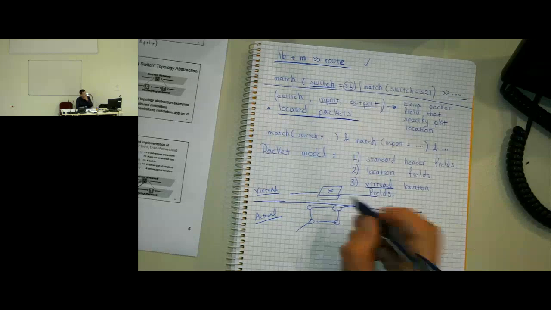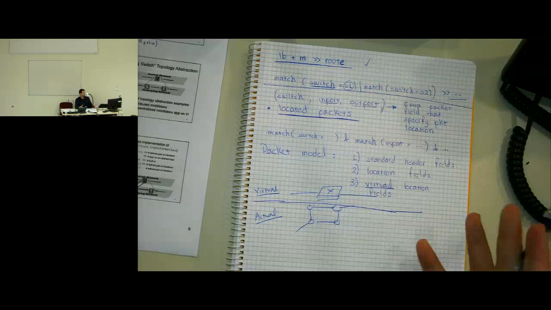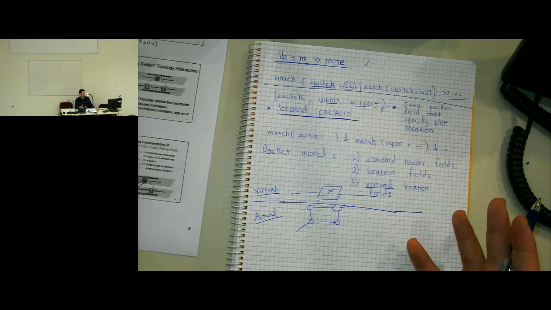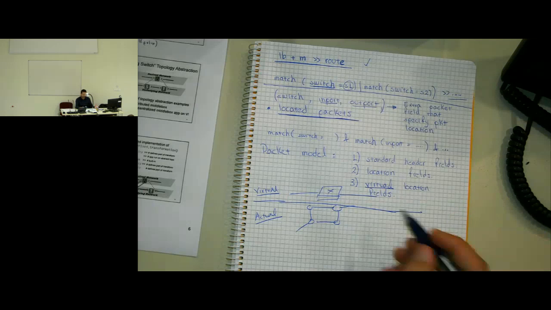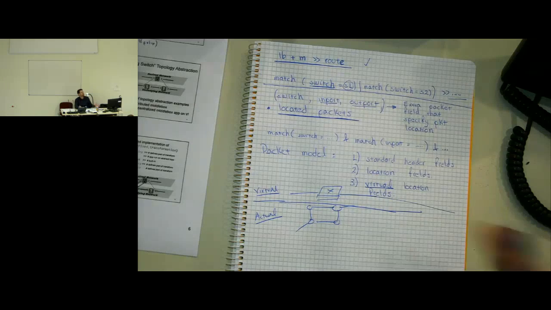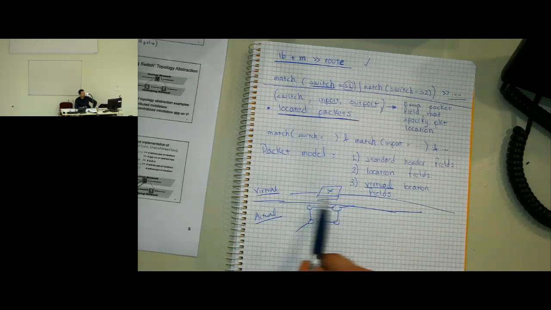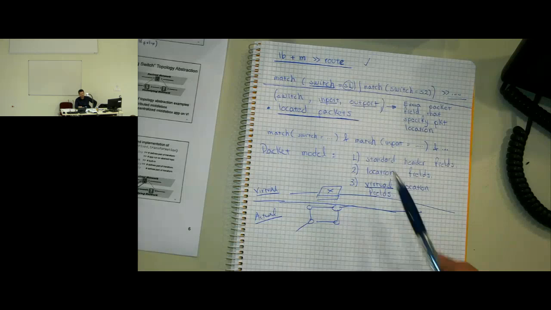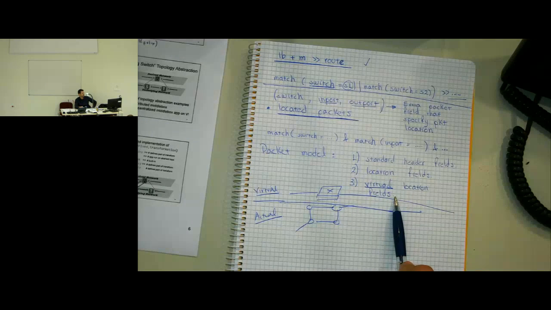You can specify a virtual switch that describes your topology. The virtual switch specification is done using these virtual fields in the header of a packet. Otherwise, these fields would be null.